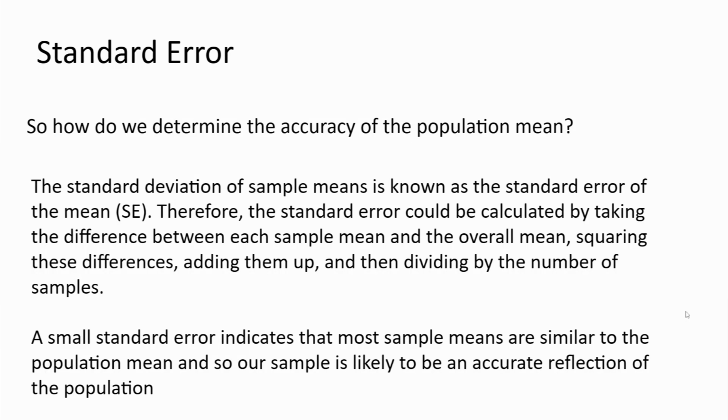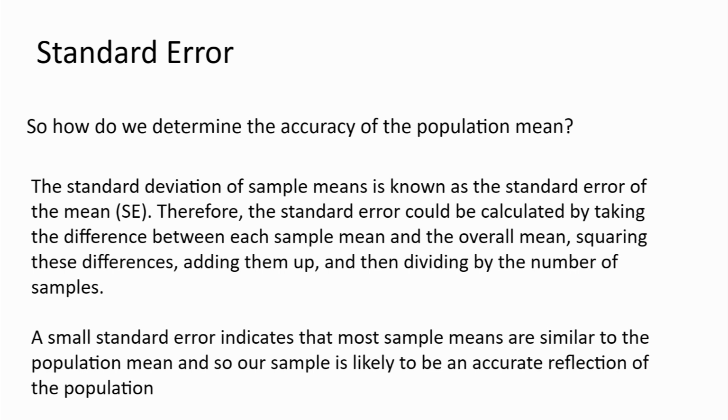So we did talk about that in our inferential statistics, that we want to know the population mean and we don't have access to that, hence we take multiple samples. Now when we take multiple samples, all samples will have a mean.